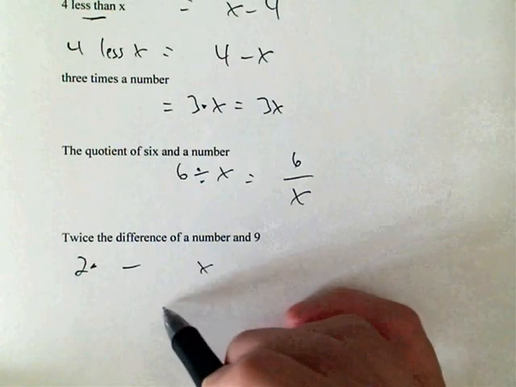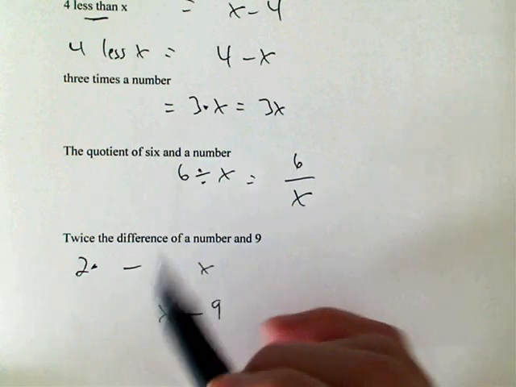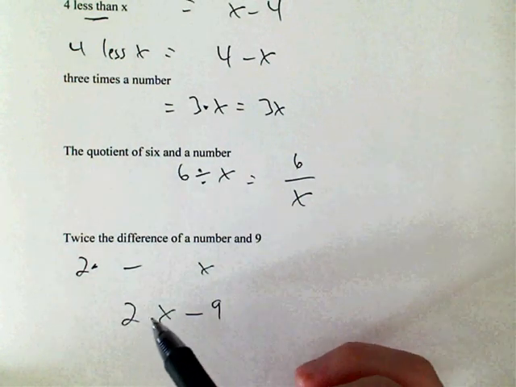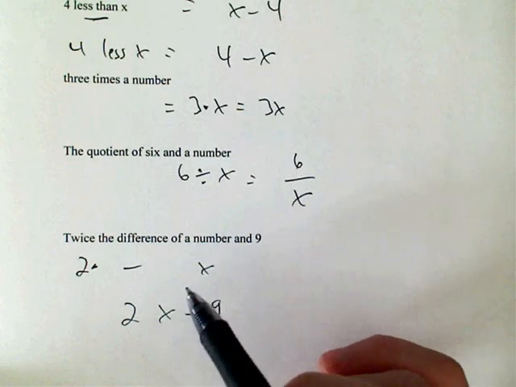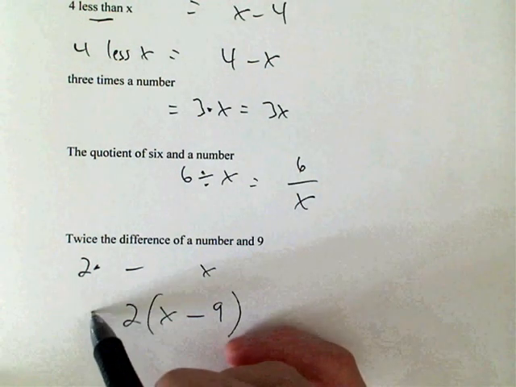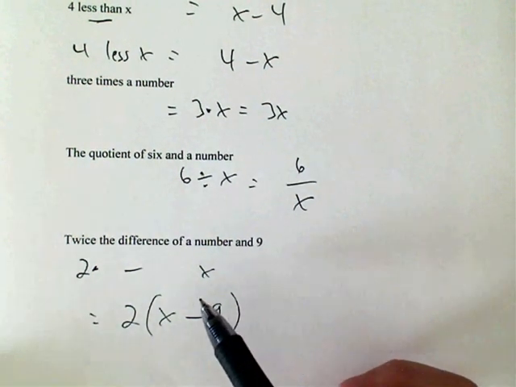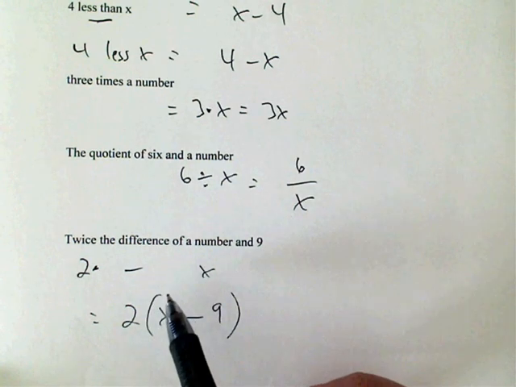So difference means subtract. The number is x. The other one is 9. We're going to take twice that. If you write that, that's saying twice the number. We want twice this difference. So in order to get this, use parentheses around the x minus 9. So what I'm saying is, if you see side-by-side operations in a problem, use parentheses to separate them. So just be aware.